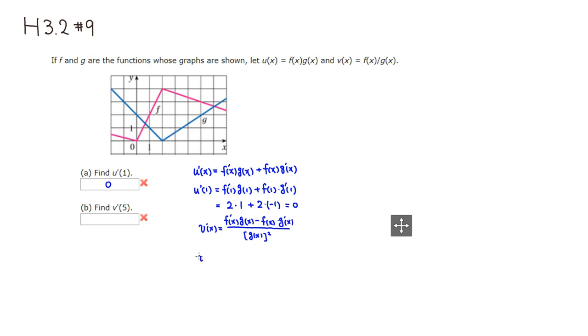So you have v prime of 5 is going to be f prime of 5 times g of 5 minus f of 5 times g prime of 5, all over g of 5 squared.